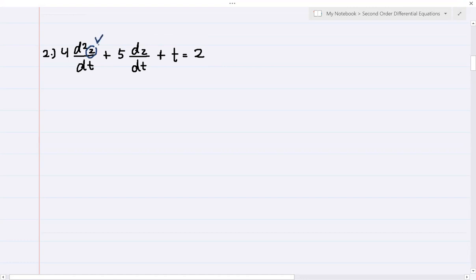We have your z as your dependent variable, and we have your t as your independent variable. And as you would observe on your right side, this is not 0. So this is non-homogeneous.